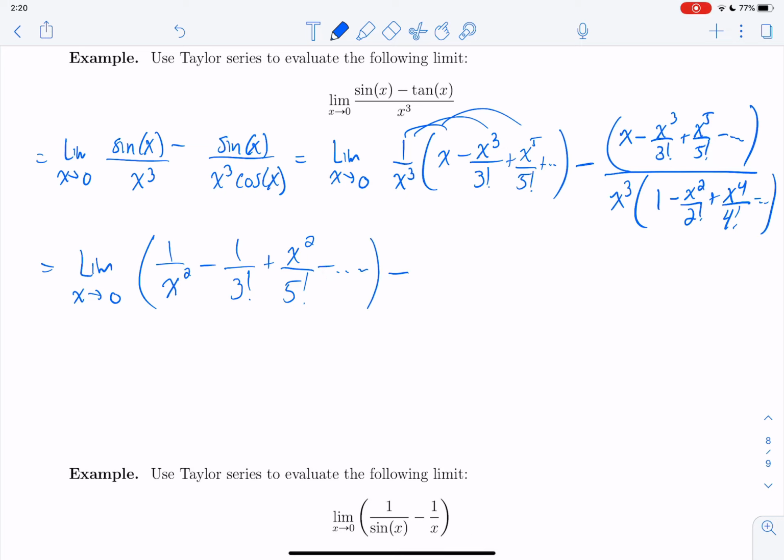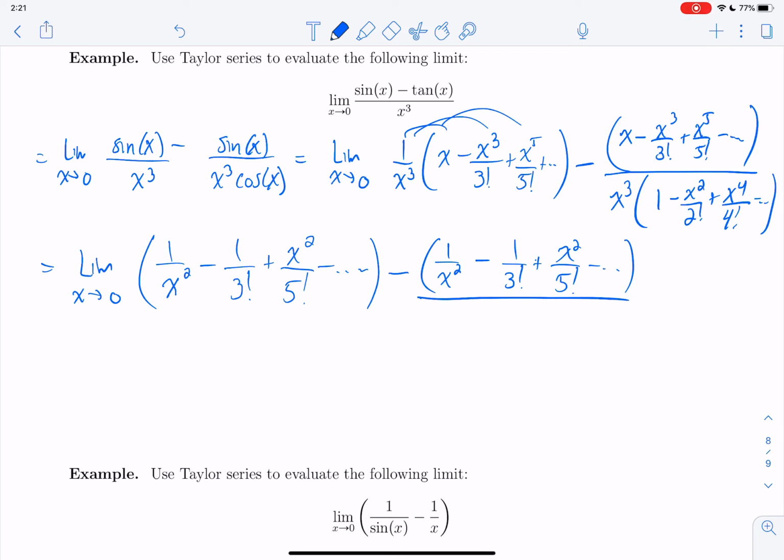Minus, well, what's going to happen here? Notice that if I embed this x cubed up here, we get an x over x cubed, which is going to be a 1 over x squared. And then if I embed the x cubed into the rest of all of this, it'll simply reduce the powers. So we're going to get minus 1 over 3 factorial plus x squared over 5 factorial, etc.